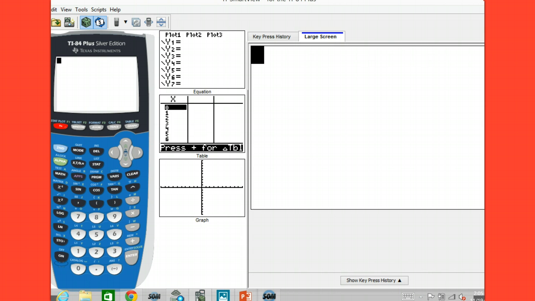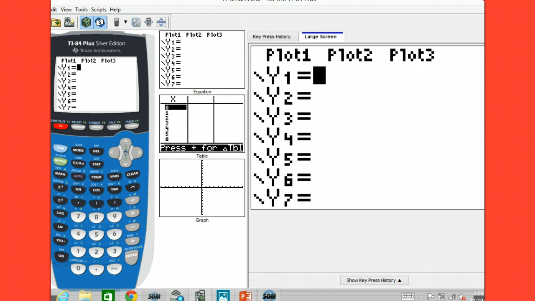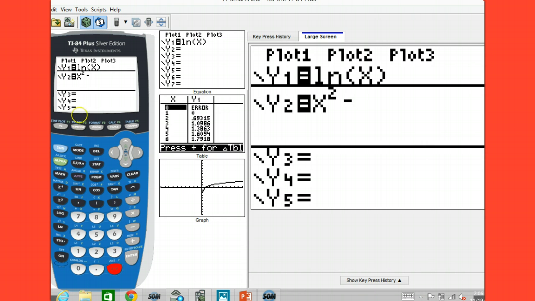But the way that we have done this is we took whatever was in the left-hand side of our equation, so in this case ln x, and we put it in y1, and then whatever was in the right-hand side of our equation, in this case x squared minus 2, and we put that in y2. So left-hand side in y1, right-hand side in y2.